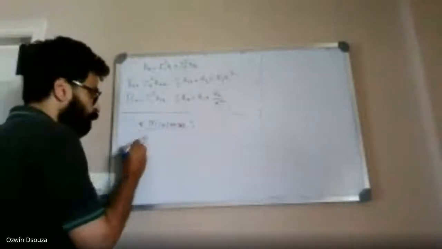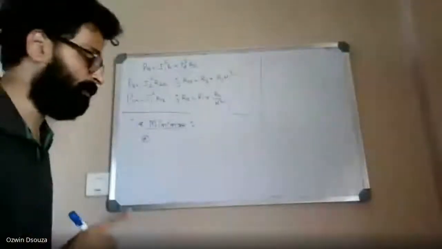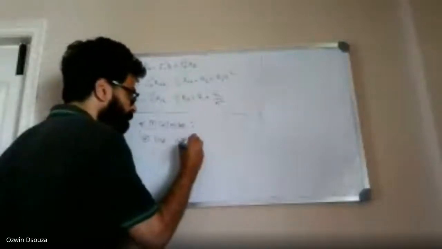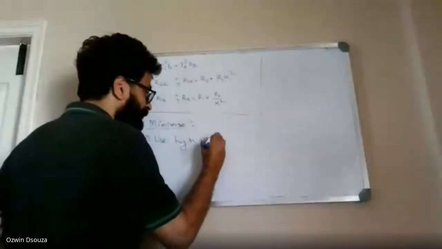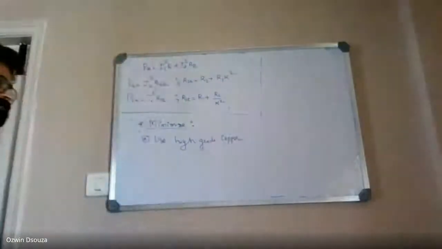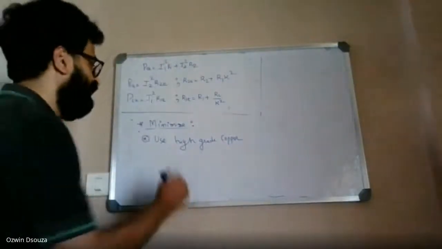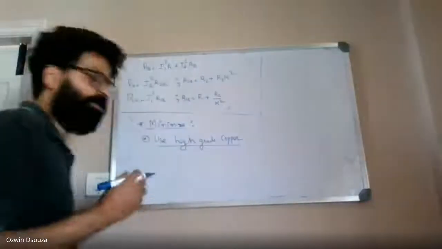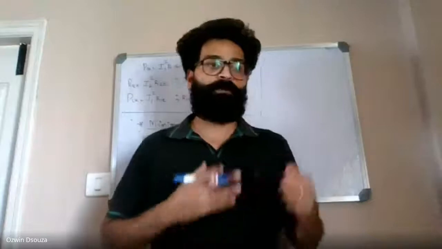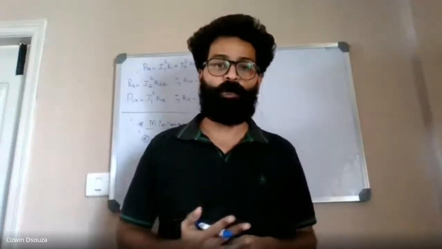Okay, so there are two ways of minimizing the copper loss. The first way is to use high grade copper. The first way is to go for high grade copper, in the sense pure copper you're supposed to go. You're not supposed to go for mixed or low grade copper.